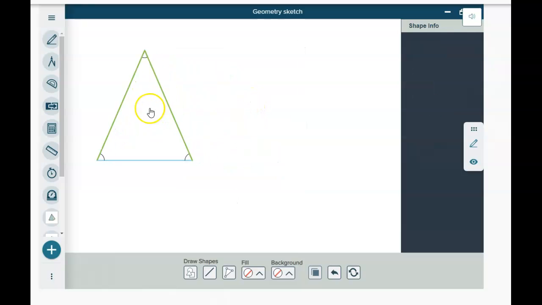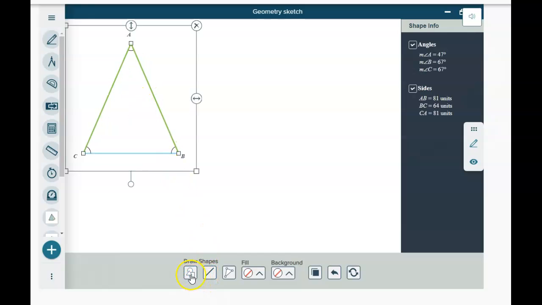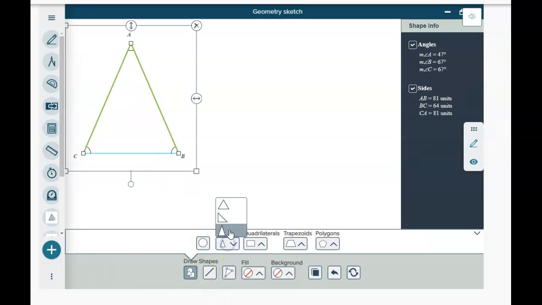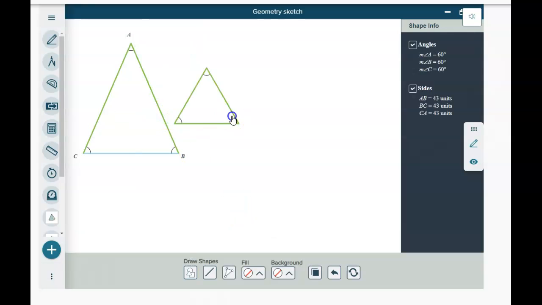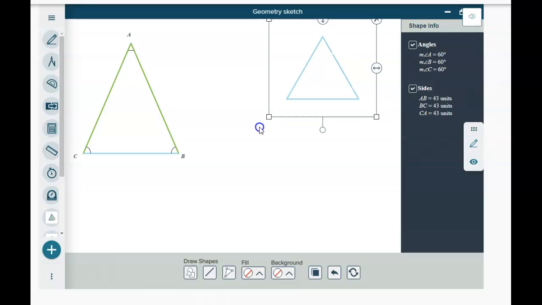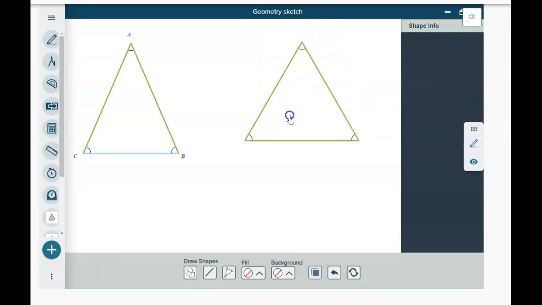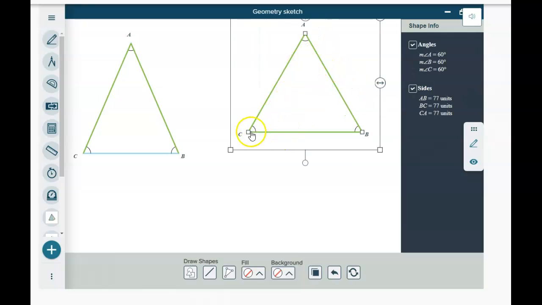Here's the thing. This is an isosceles triangle, but this is also an isosceles triangle. Okay? Now if you notice, all three sides are congruent. All three angles are congruent.